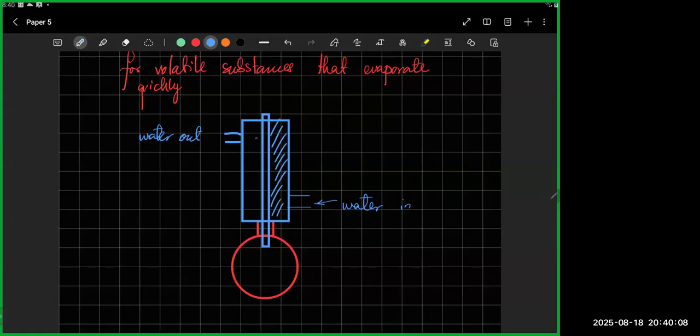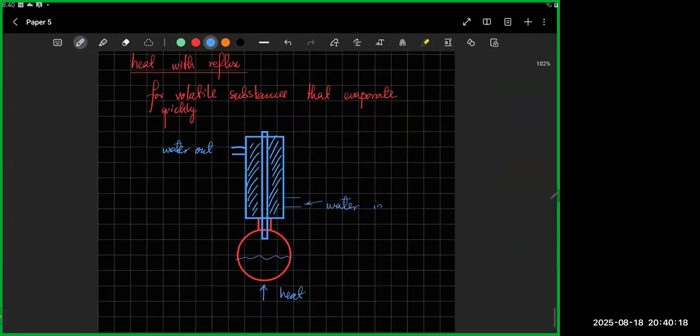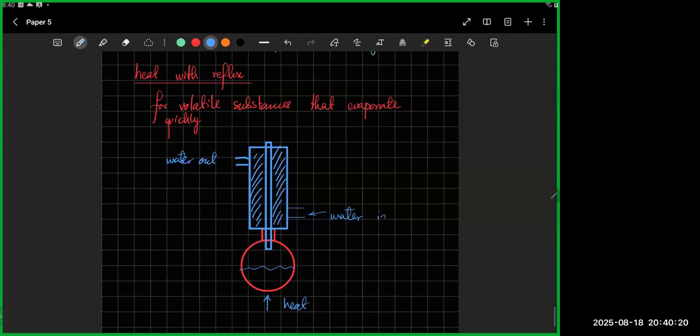So any volatile substance, when you're trying to heat it, will fall back into the container. That's heat with reflux. So that it doesn't evaporate away, it actually falls back into the container. Heat with reflux: you can remember this is for volatile substances only.